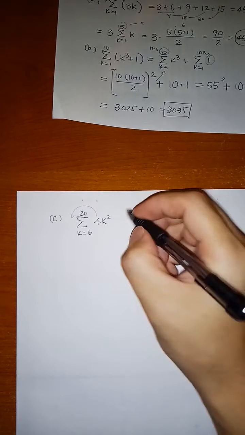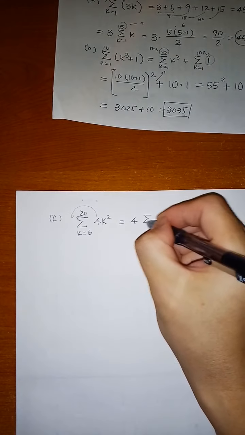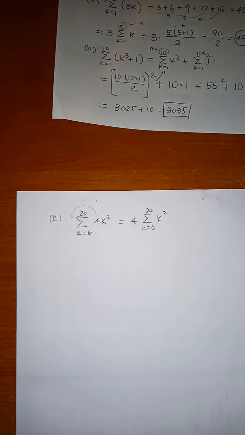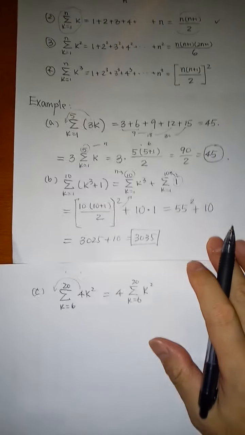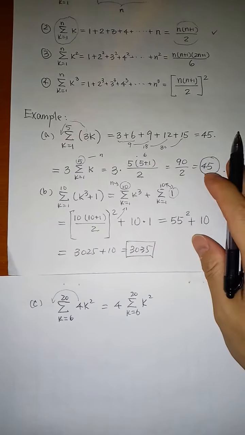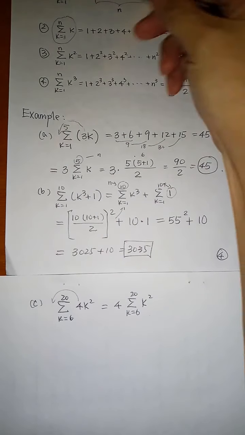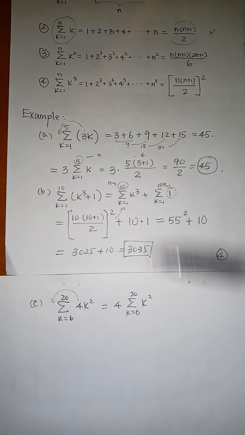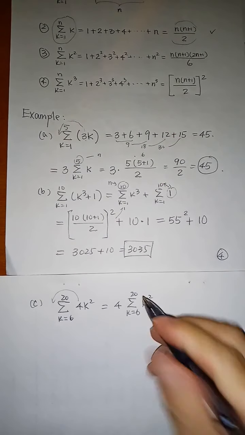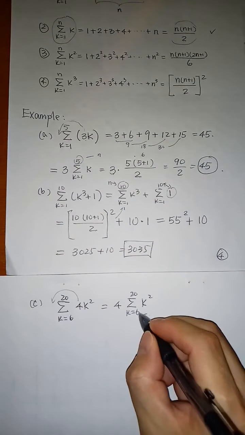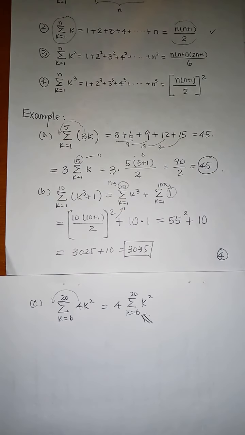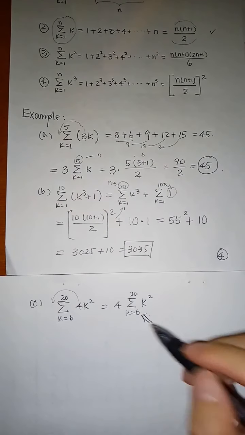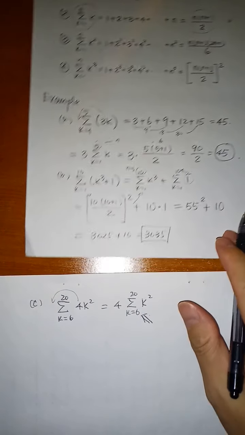It can be moved forward, so you get 4 times sigma k from 6 to 20, k squared. But this time, you cannot directly apply the formula. The reason is that in all our formulas, k starts from 1. Now your k starts from 6. So be careful about this initial index k. It's from 6. If it's from 6, not from 1, how do we do that?